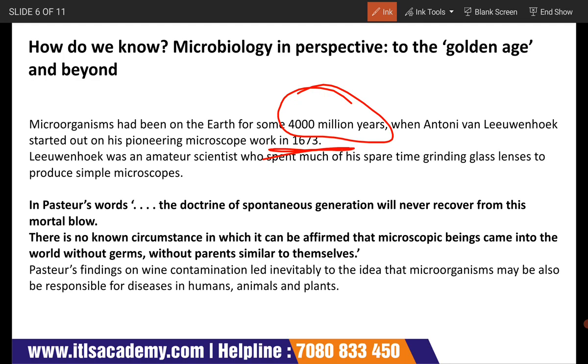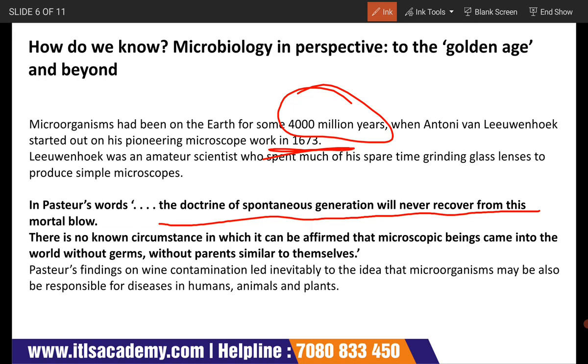In Pasteur's words, the doctrine of spontaneous generation will never recover from this mortal blow. There is no known circumstance in which it can be formulated that microscopic beings came into the world without germs, without parents similar to themselves.